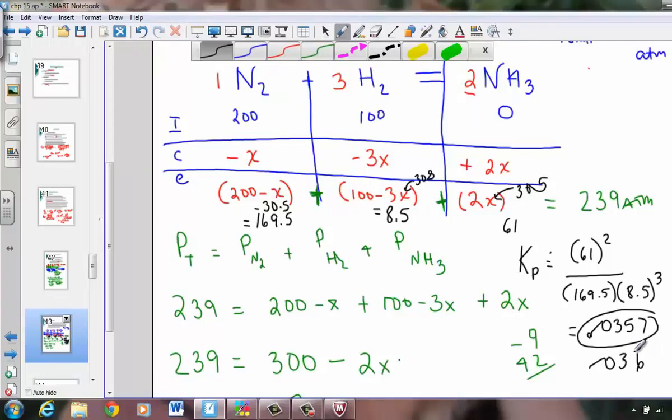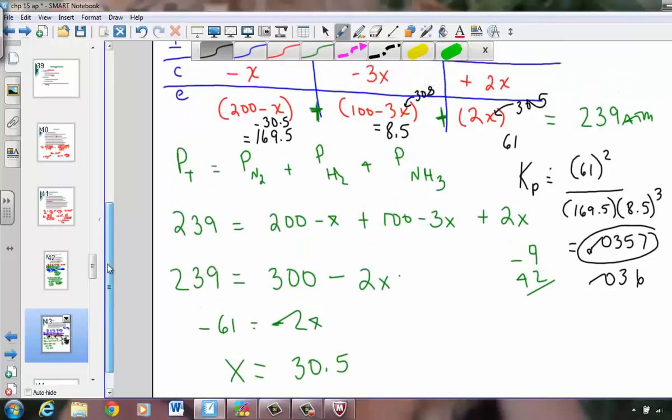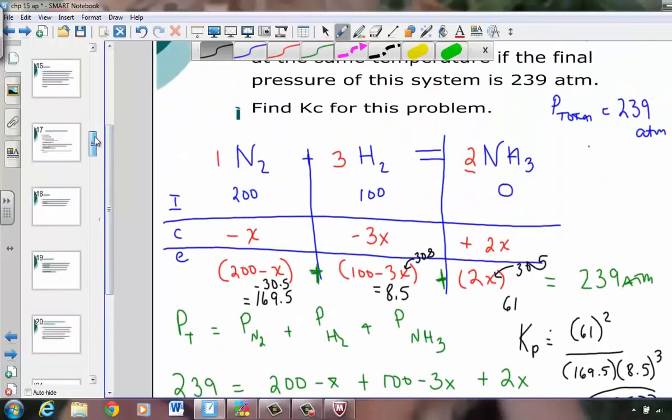Were we asked to solve for Kc as well? That goes back to one of those very first equations that we had to convert Kp from Kc, and it had to do with the delta n, products minus reactants. Way back at the beginning of your notes, you were told how to convert Kps and Kcs.